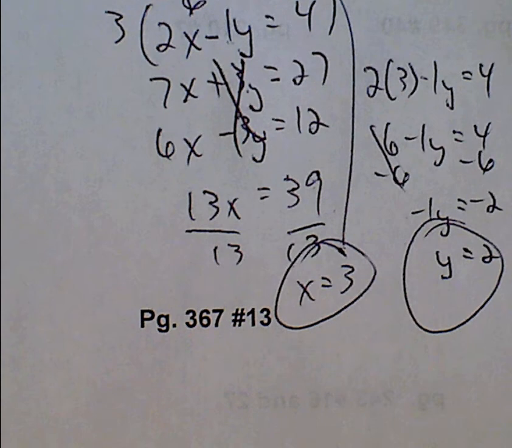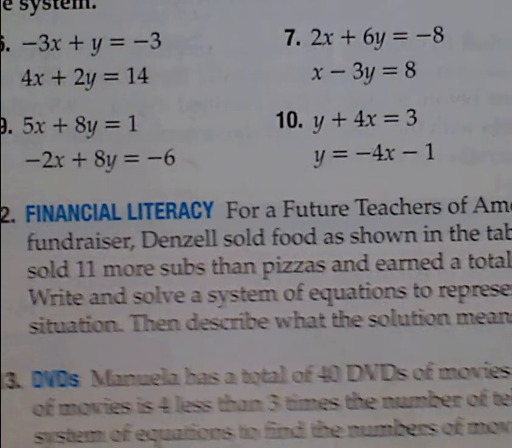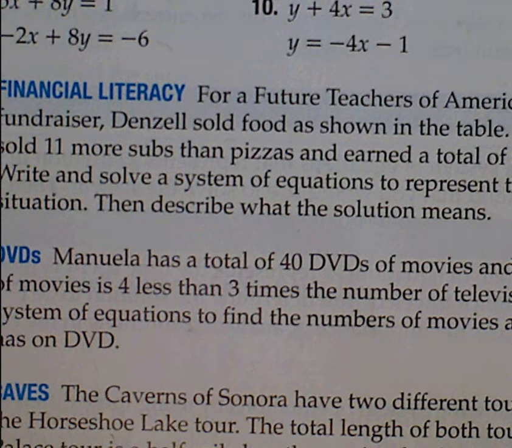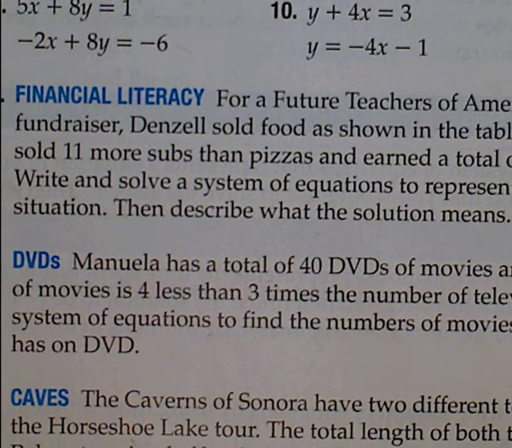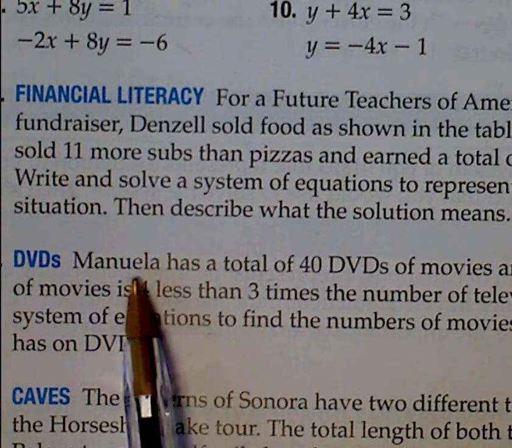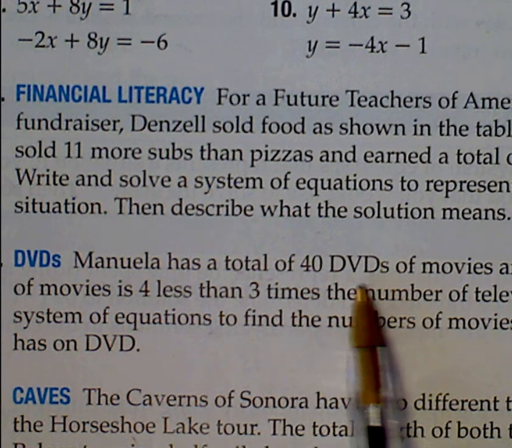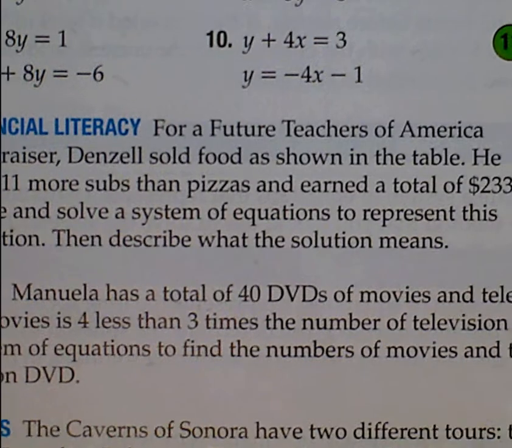Page 367, number 13. Here we go, number 13. It says, Manuela has a total of 40 DVDs of movies and television shows.